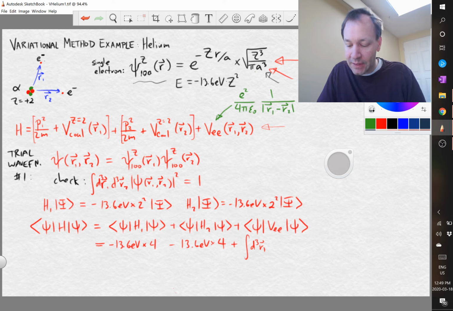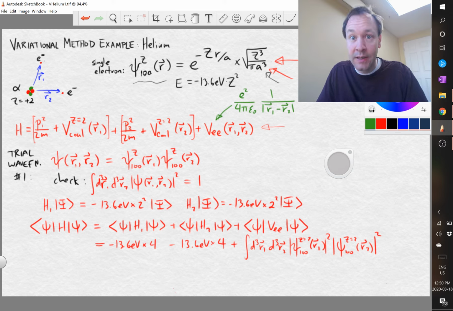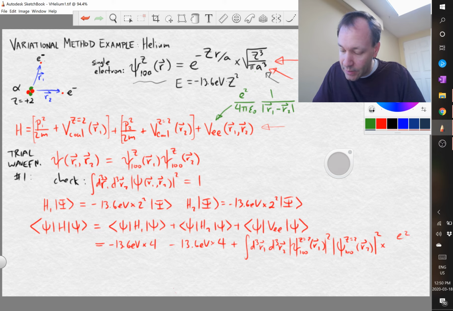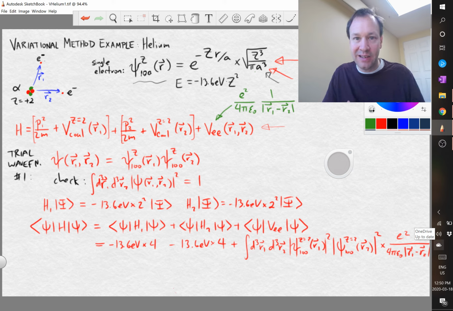It's actually a 6-dimensional integral, over r1 and over r2, of our wave function squared, psi 1,0,0 with Z equals 2 of r1 squared times psi 1,0,0 with Z equals 2 of r2 squared, times our Coulomb potential, which is e squared over 4 pi epsilon naught times |r1 minus r2|. And we just have to do that integral.